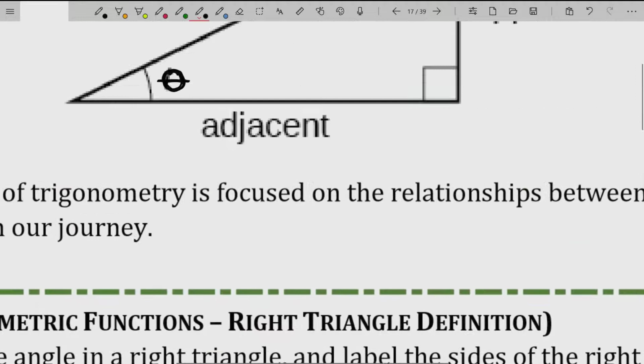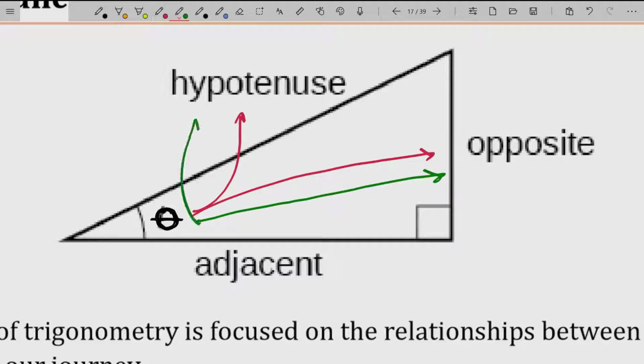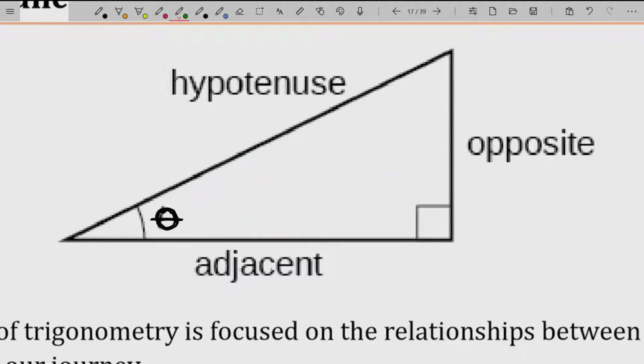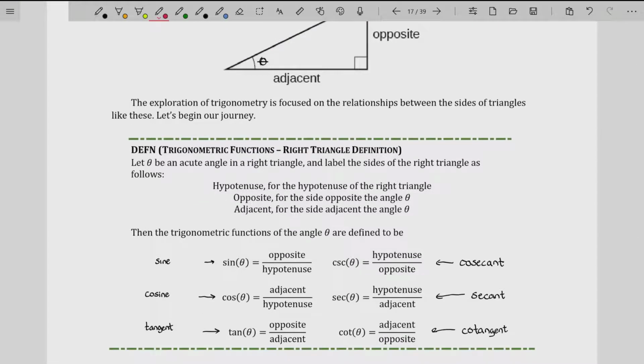So if I drew that out in that picture, cosecant is hypotenuse, I'll use red here, hypotenuse divided by opposite, versus the sine, which is opposite over hypotenuse. Then we had the next one. The cosine was adjacent, again use green, adjacent over hypotenuse, versus the secant, which is hypotenuse over adjacent. And you get the idea now, right? So tangent was opposite over adjacent. Cotangent is adjacent over opposite.